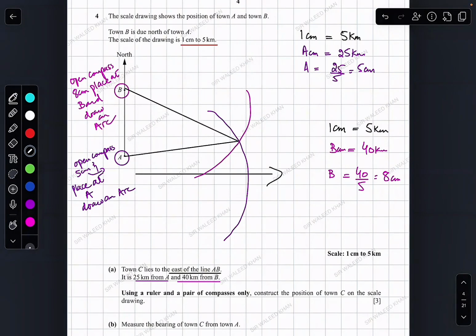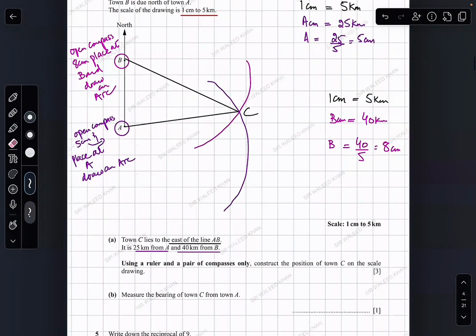Share your paper. Share your drawing. जल्दी मुझे जो भी आप लोगों ने ड्रॉ किया है, giving you a minute, share it with me.